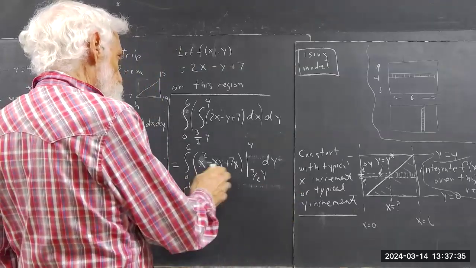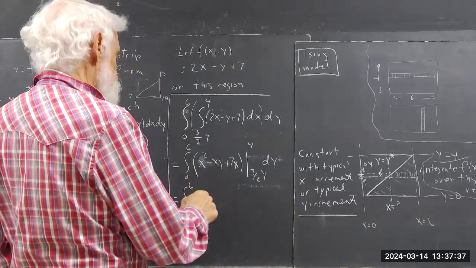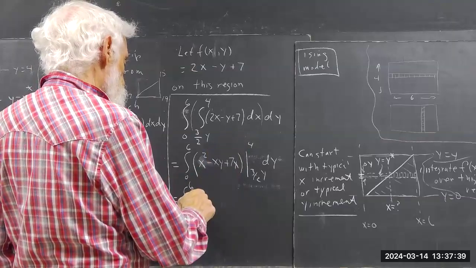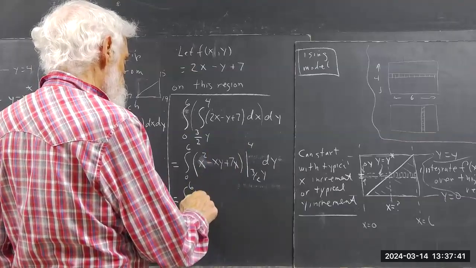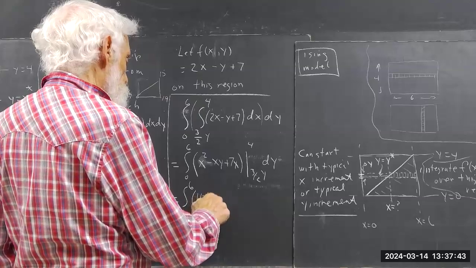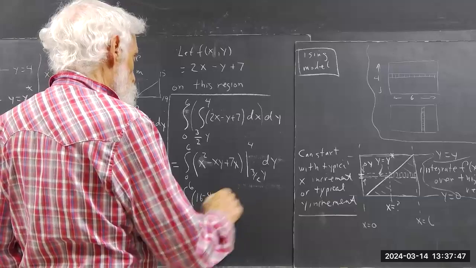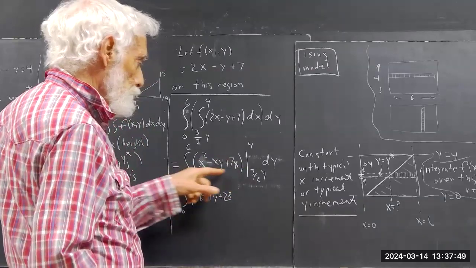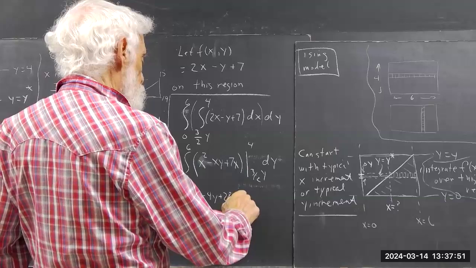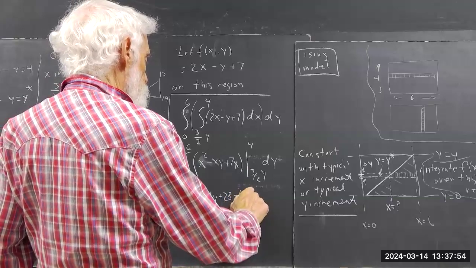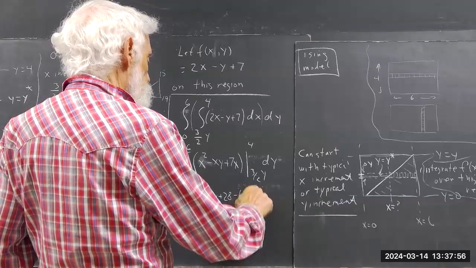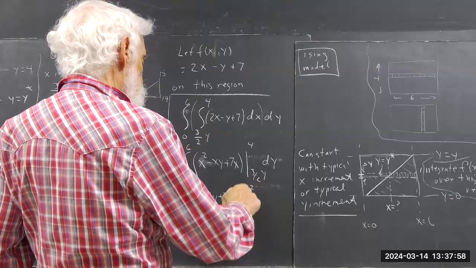Well, okay. At 4, we get 16 minus 4y plus 28. Let's evaluate at x equals 4 minus the quantity 3/2 y quantity squared.